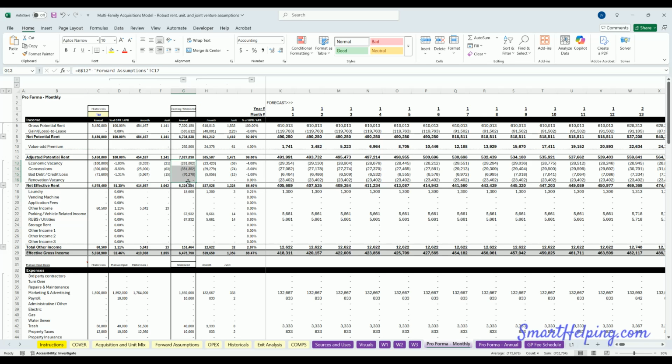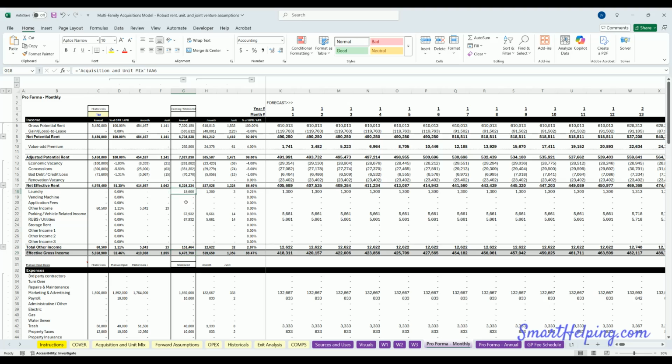So we're just trying to create what we think the property is going to do in 12 to 18 months, or 6 to 18 months, somewhere during that first initial part where you're trying to get rents up to market as much as you can, get the value add premium for units, and apply these assumptions to get a total new effective gross income.